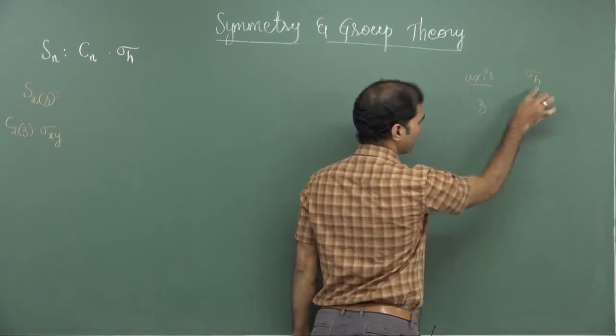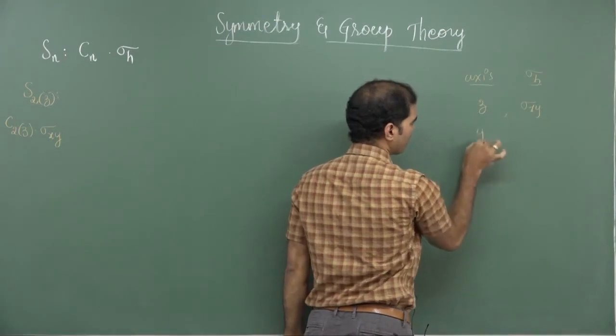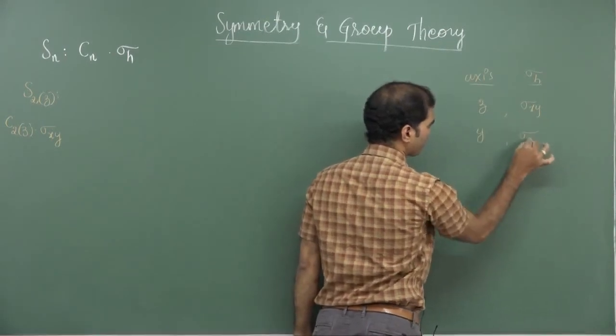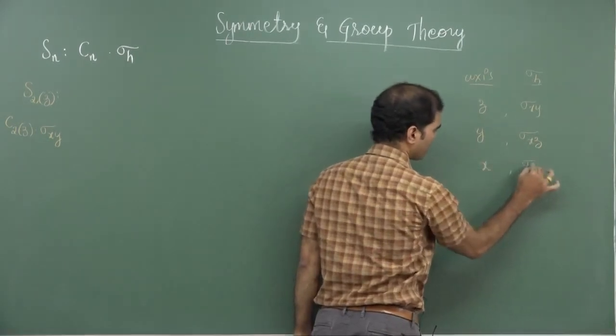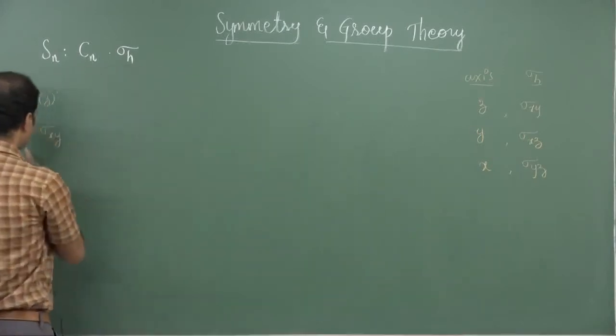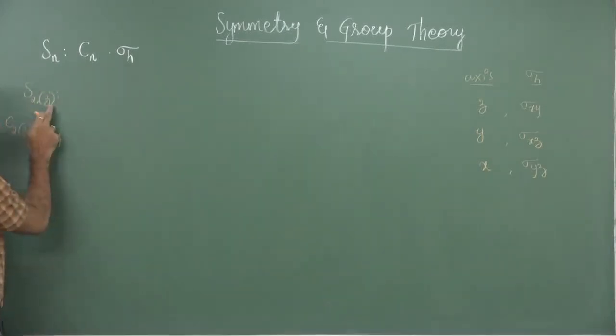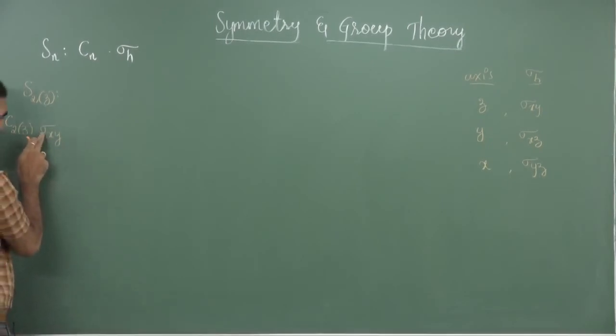If the axis is z, its perpendicular plane or horizontal plane will be xy. If the axis is y, it will be xz, and if the axis is x, the perpendicular plane will be yz. On that basis, S2 is being performed along z axis. It simply means C2 along z followed by a plane perpendicular to the z axis, which is sigma xy.